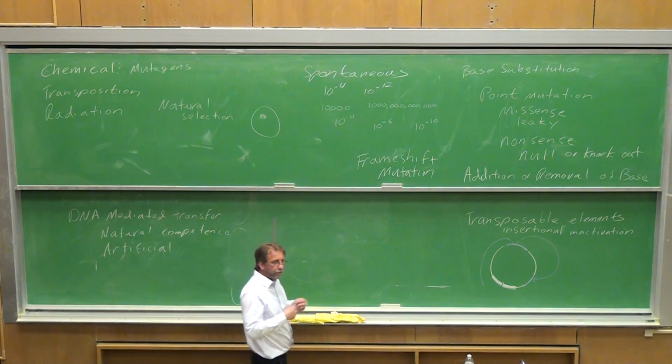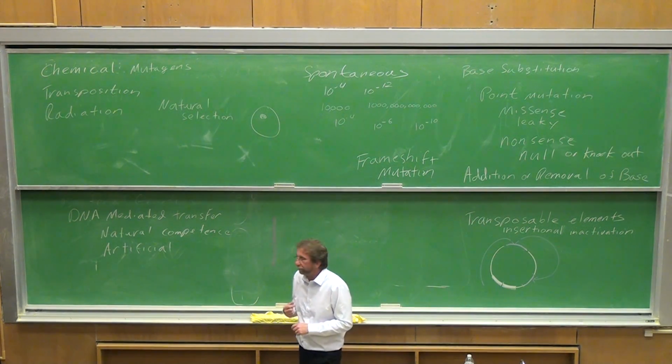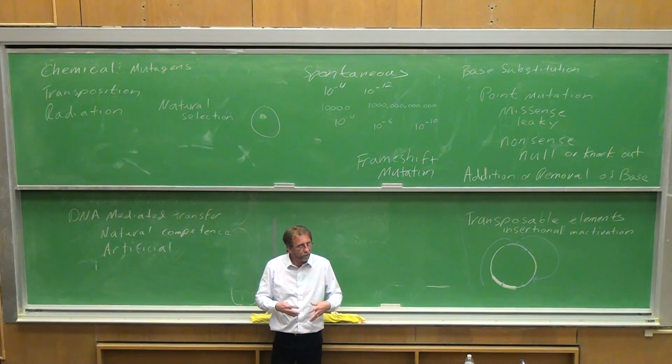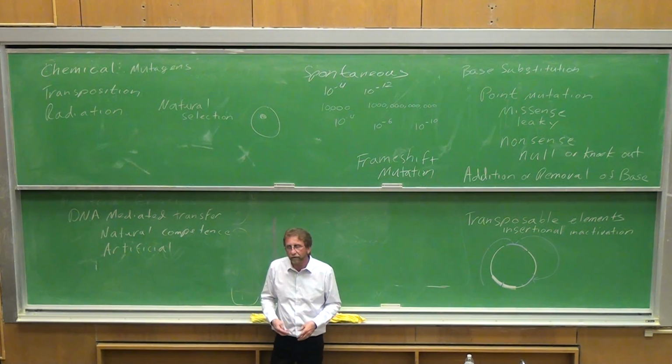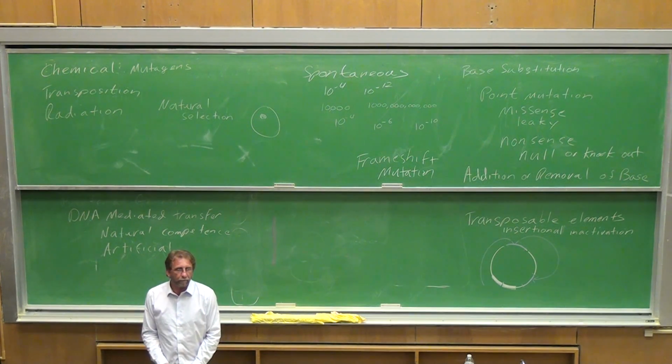So if we wanted to introduce a particular gene to a cell, we could use this method of artificial competence. Punch holes in the cell membrane, and let the DNA move into the cell. Now, of course, not all cells are going to pick it up. And maybe they don't all pick up the right gene or the right sequence.